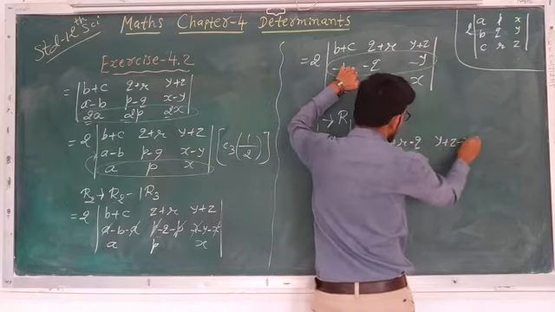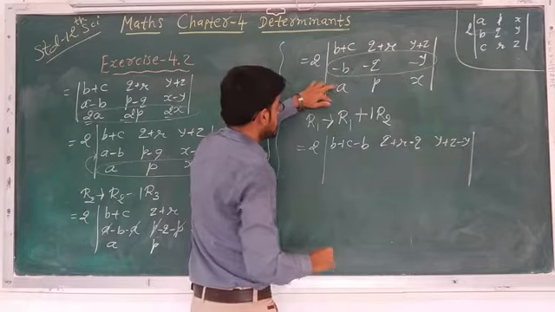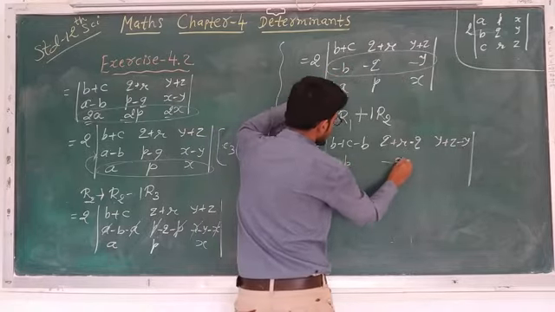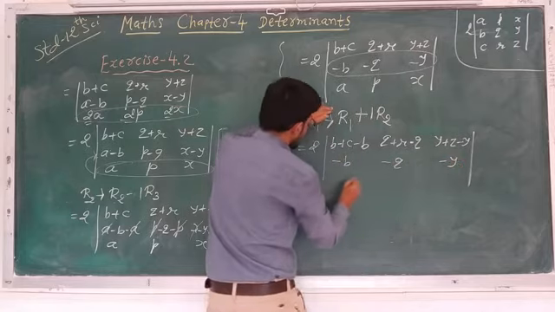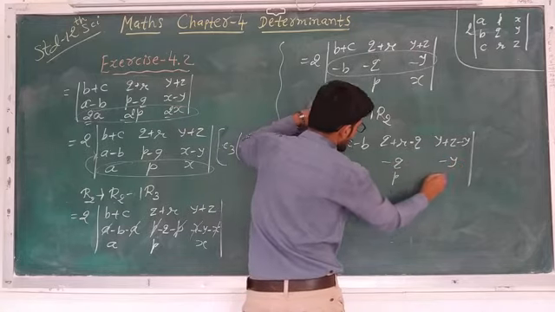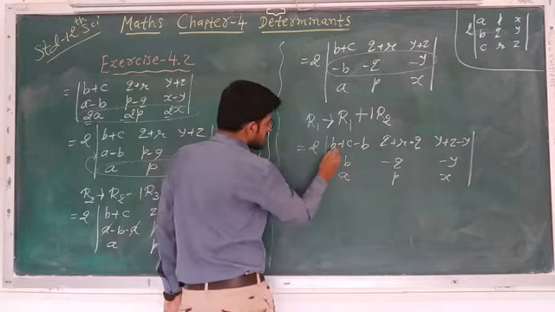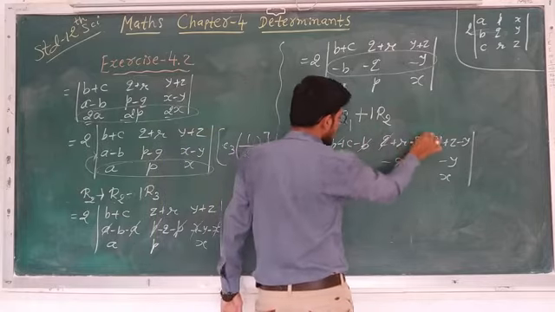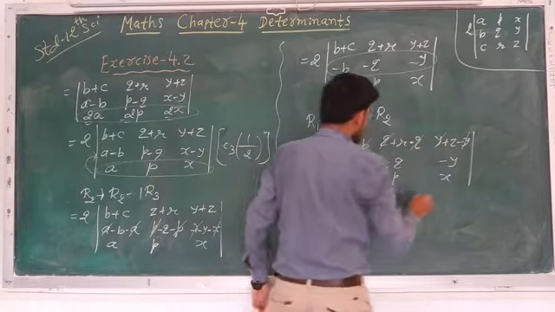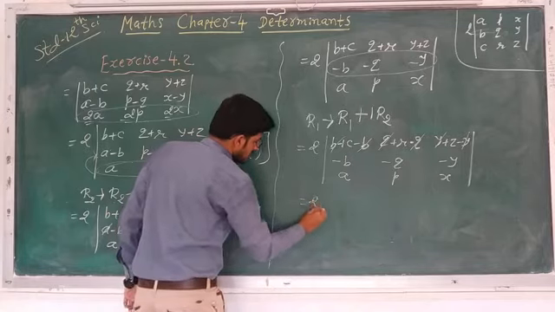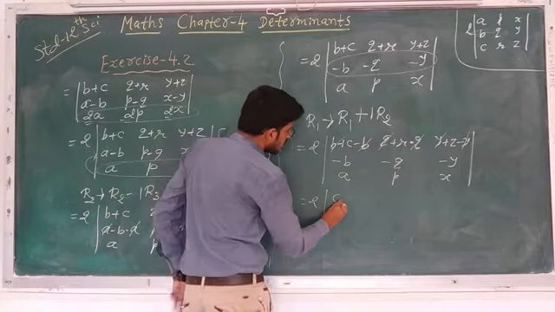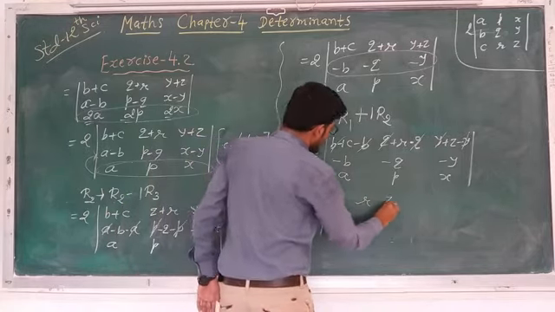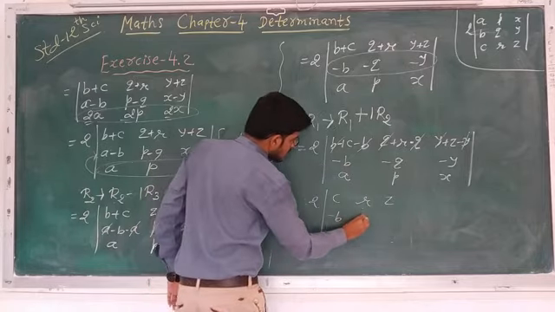The second and third rows stay as they are: minus b, minus q, minus y, and a, p, x. Here plus b minus b cancel out, here plus q minus q cancel out, and here plus y minus y cancel out. So the remaining terms we write here: c, r, z, minus b, minus q, minus y, a, p, x.